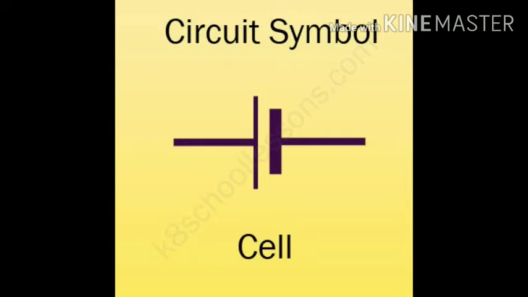Cell you can represent like this, a longer line and a smaller line. The longer line indicates the positive terminal and the shorter line indicates the negative terminal of a cell. Cell means single cell.